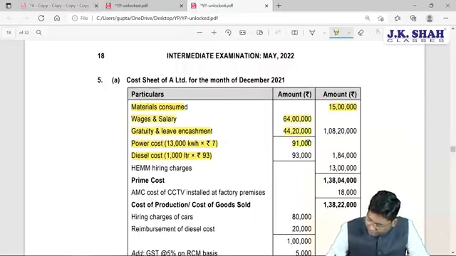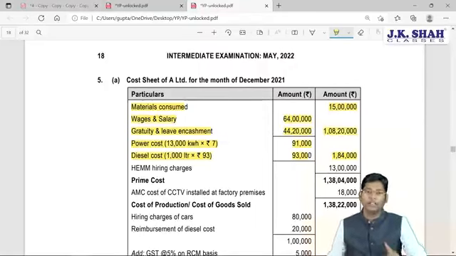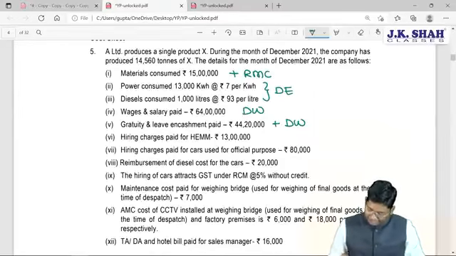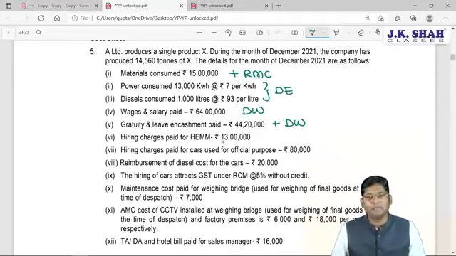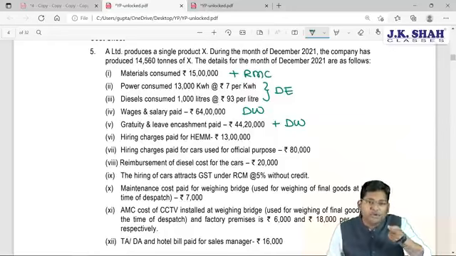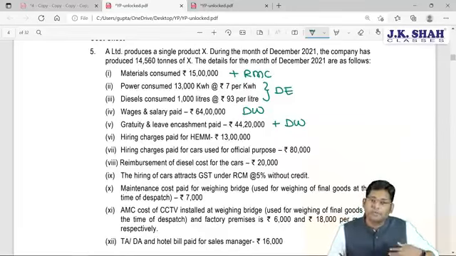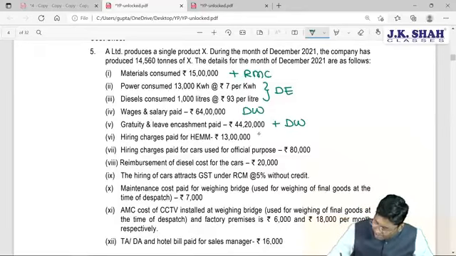Before taking the total, they have recorded one more expense: hiring charges paid for HEMM, heavy earth moving machine. You have taken the heavy earth moving machine on hire and you are paying hire charges of 13 lakh, and hire charges are always direct expenses for us.